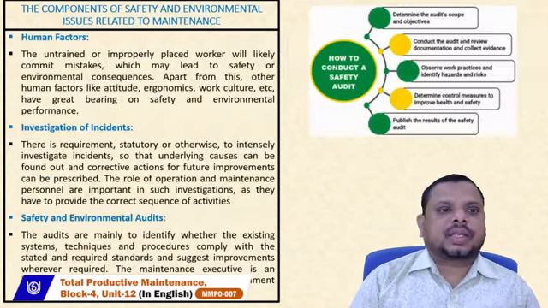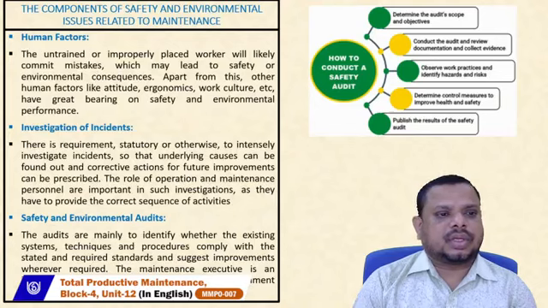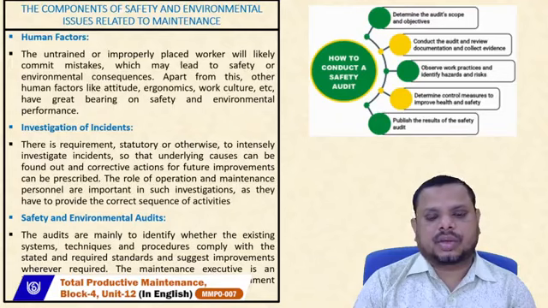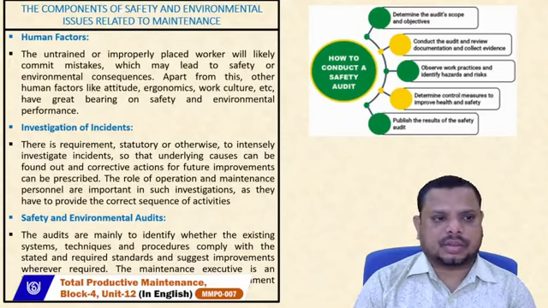Moving to the next one, the next component we have is human factors. So under human factors, an untrained or improperly placed worker is likely to commit mistakes which may lead to safety or environmental consequences. Apart from this, other human factors like attitudes, economics, and work cultures have great bearings on safety and environmental performance.